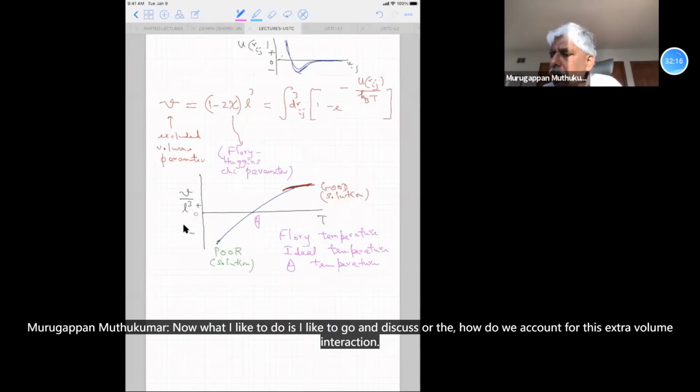Now what I would like to do is discuss how we account for this excluded volume interaction.